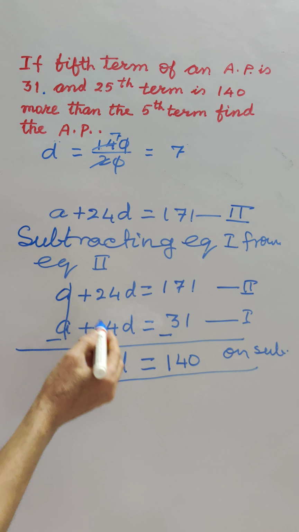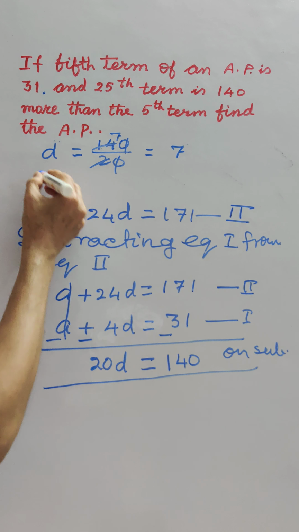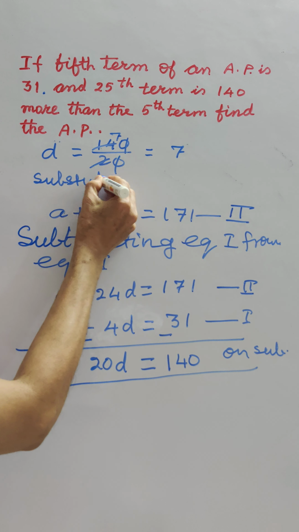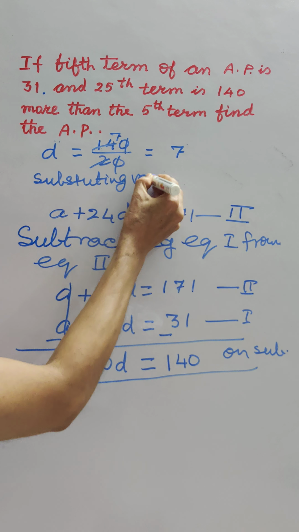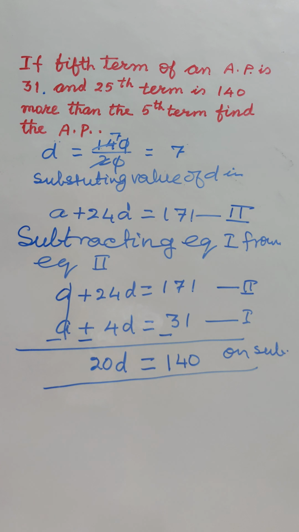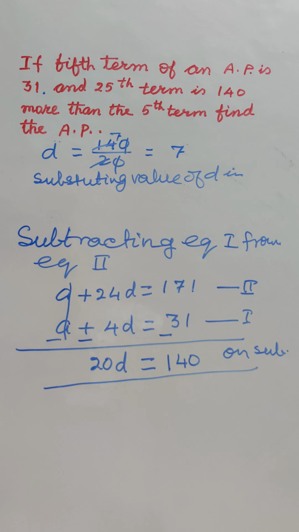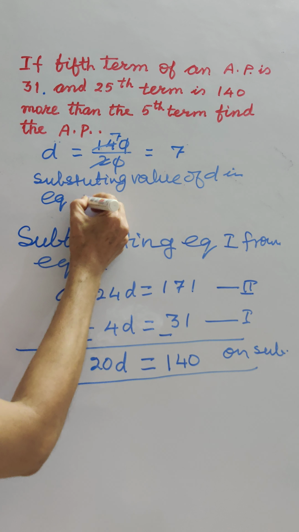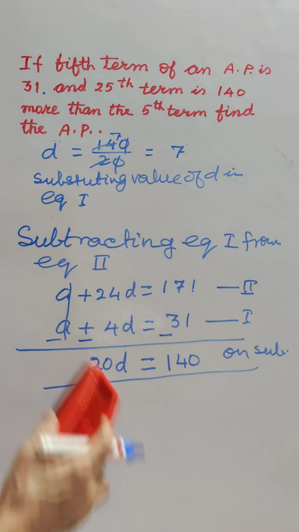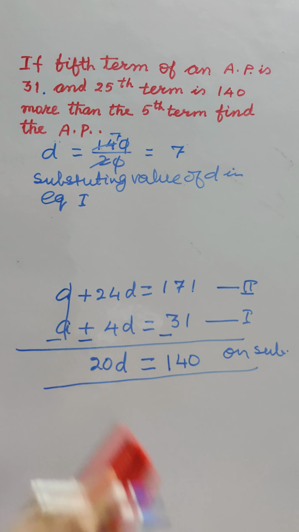Now we can find the value of a by substituting the value of d in equation number 1. Equation number 1 is a plus 4d is equal to 31.